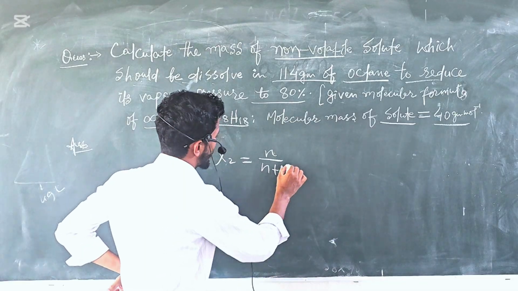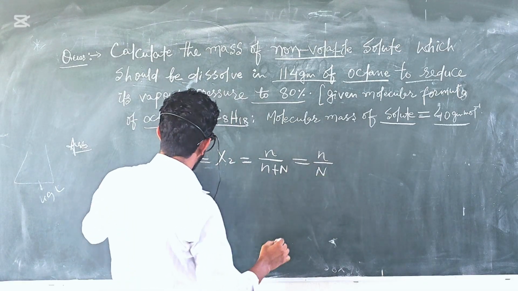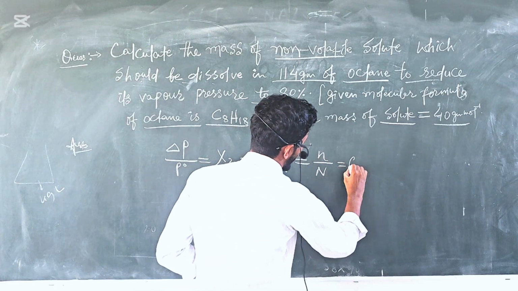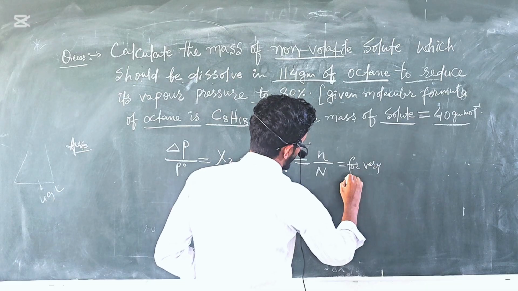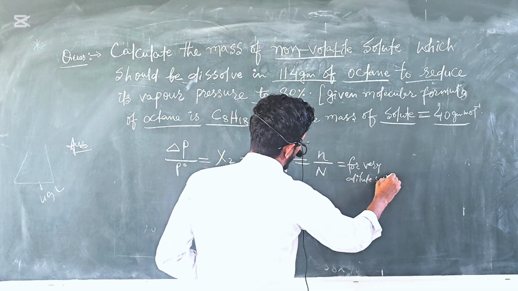And for a very dilute solution, delta P upon P naught is equal to n upon N.